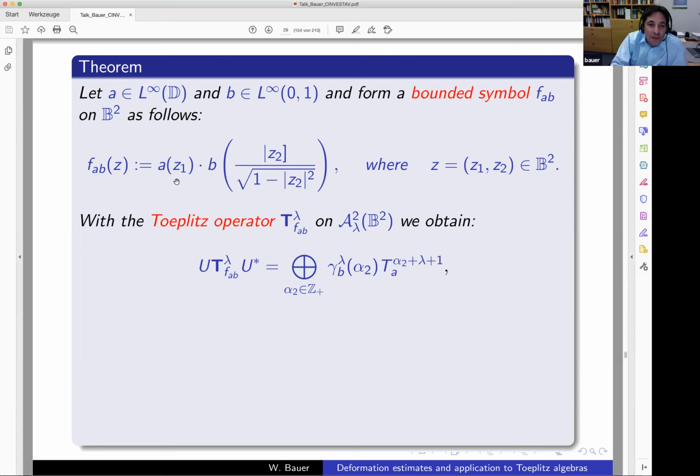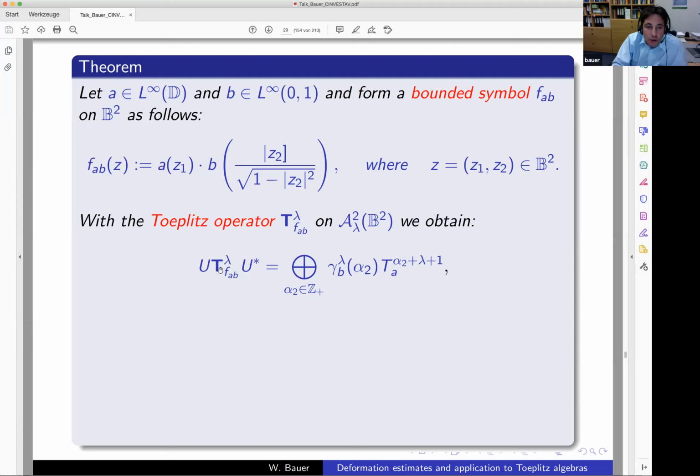So if you have a symbol of this type, then that symbol leaves all these spaces in the decomposition invariant, and after conjugating with this unitary operator U, in each level you get a multiple times the Toeplitz operator on the unit disk.